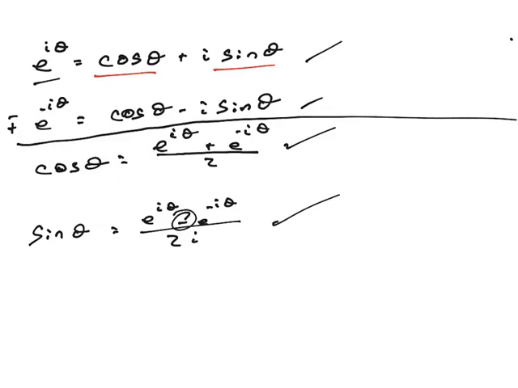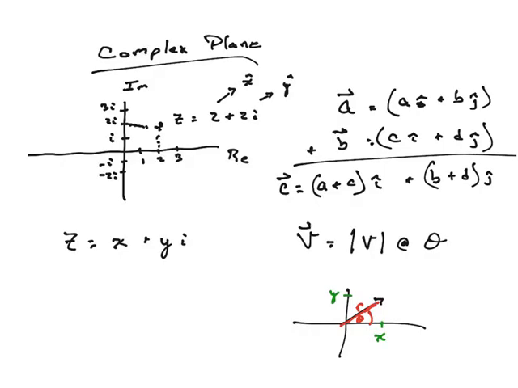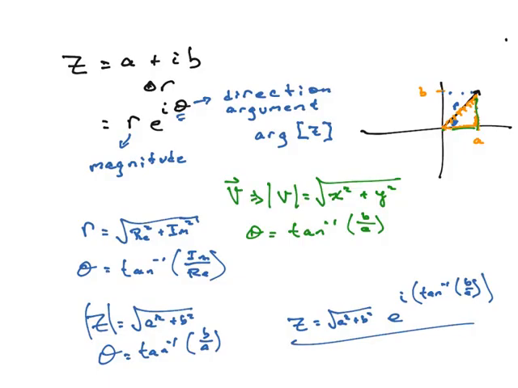Right? So that's complex exponentials. Obviously, there's a lot more to it when you get deeply into the mathematics. But for our purposes, these are the things we want to know. Number one, there's such a thing as the complex plane, where you can have vectors that point out in whatever directions. The magnitude and the direction of these vectors tell you about the real and imaginary parts of this complex number.